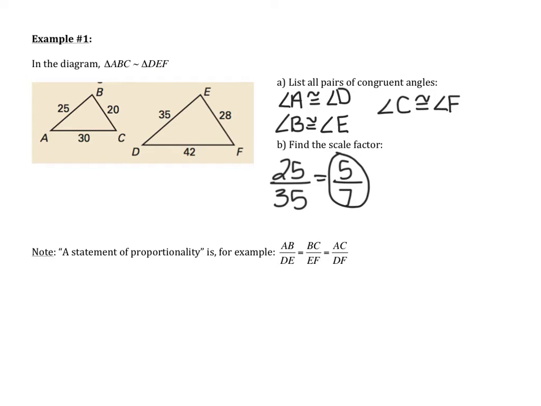BC would correspond to EF, so they put those on top of each other, and AC would correspond to DF. So just like that. A statement of proportionality is where you take the corresponding side lengths, write them as fractions, and set them all equal to each other, because we know that if we are told that the polygons are similar, then the ratio of all of the corresponding sides would be the same. So we know that all three would be the same.